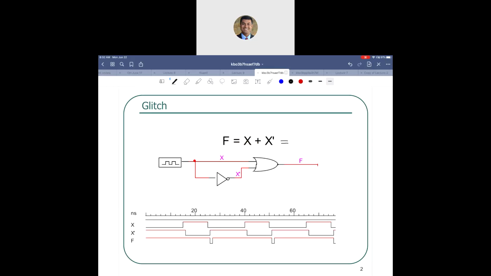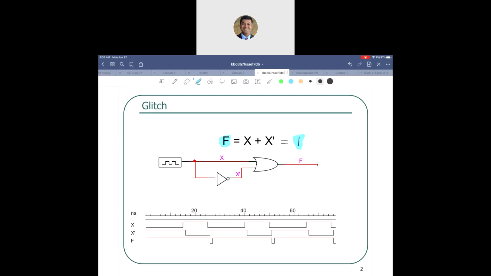X or x complement. Using Boolean algebra, you would say x or x complement should be a 1. Absolutely. No matter what happens, f should always be 1. Okay, so that's what we know from Boolean algebra.